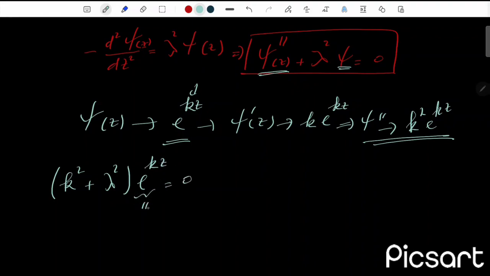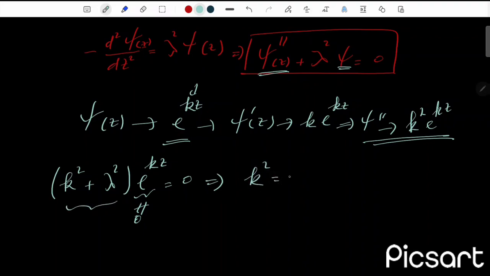We know that the exponential is different from 0, so this expression must be equal to 0.